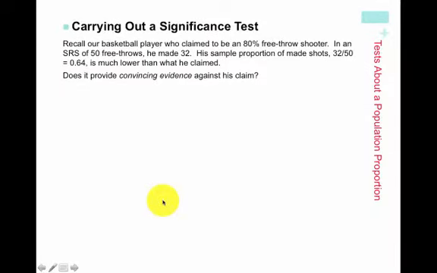So back to our basketball player who claims he's an 80% free throw shooter. We conducted a simulation in the previous section, and we had a sample proportion of 32 out of 50. That's 0.64, and that's lower than he claims. But the question is, does this provide convincing evidence against his claim?